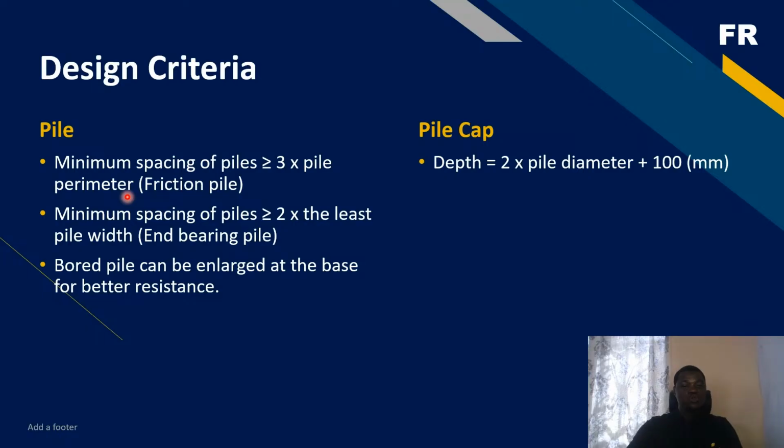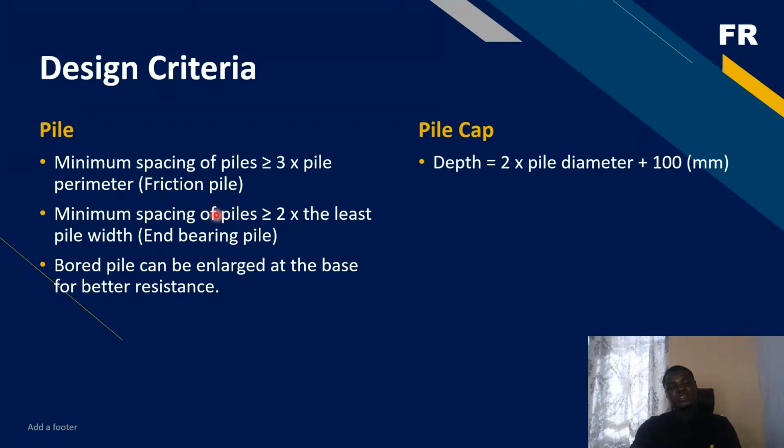One of the rules that you should follow to have a proper system is that the minimum spacing between the piles should be 3 times the pile diameter for a friction pile. And if it is an end bearing pile, it should be twice the pile diameter.